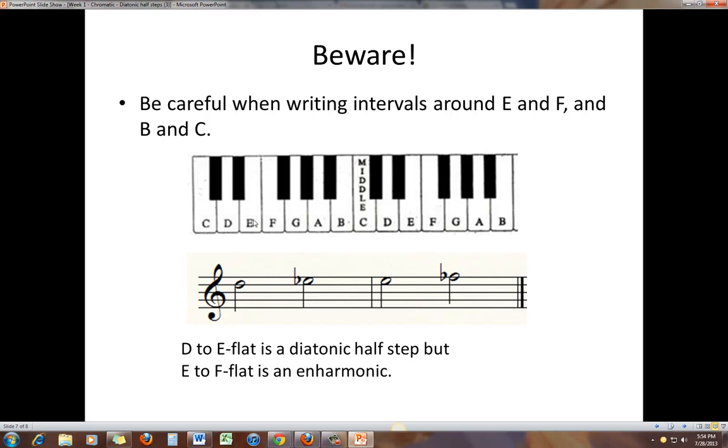But E to F flat is not a half step at all. It is an enharmonic unison. So beware when you're trying to write half steps with enharmonics that you're not making mistakes in these two regions of the keyboard.